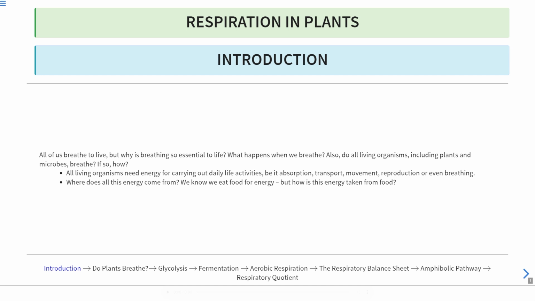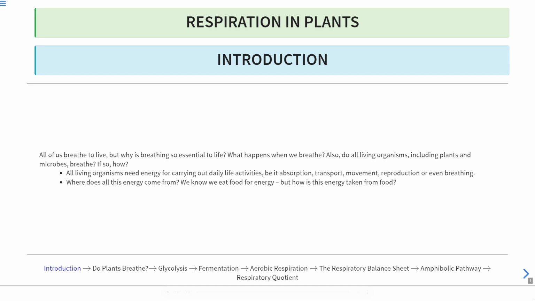When these gases enter the cells or tissues of the organism, the oxygen is used to break down the food. It means oxidation of food, right? And when there is complete oxidation of food, a lot of energy is given out in the form of ATP, and that energy is used for the various activities.